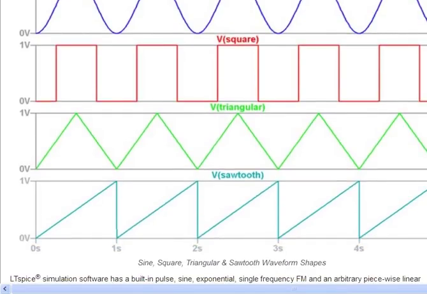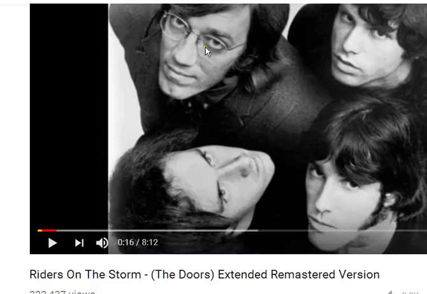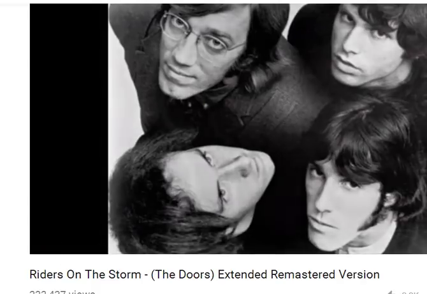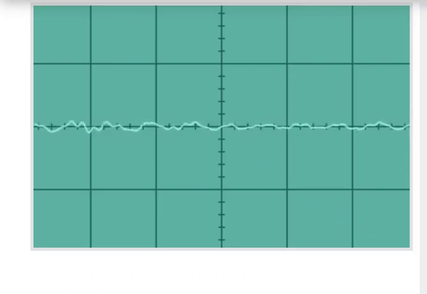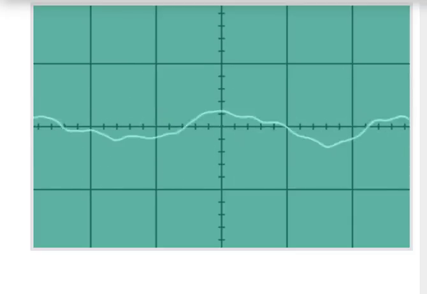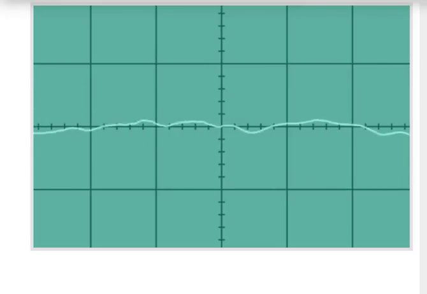I'm going to play you some music. I'm going to play you this one. It's an old track, Riders on the Storm. Let's have a listen to this. I'll tell you why. It's because this here is a wavelength generator.